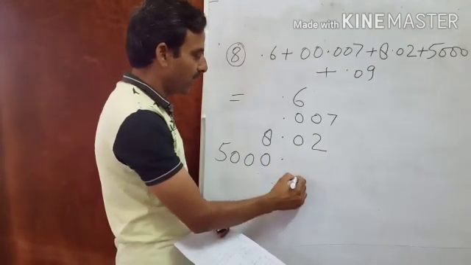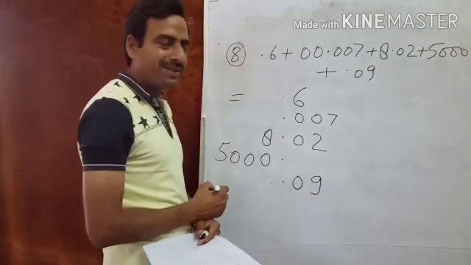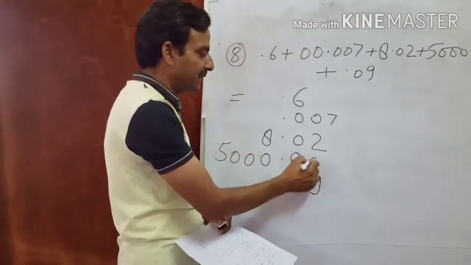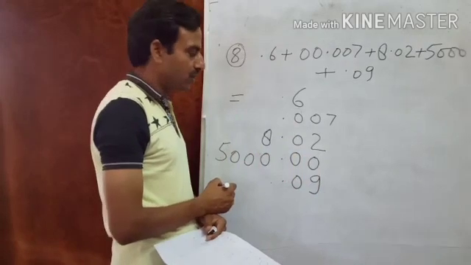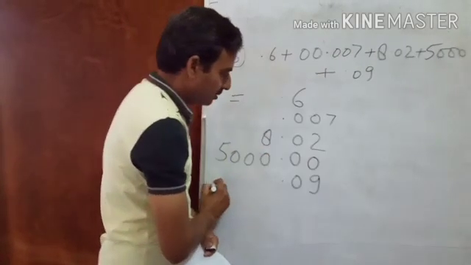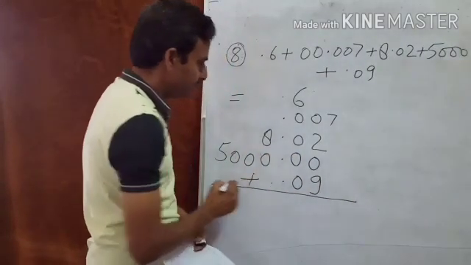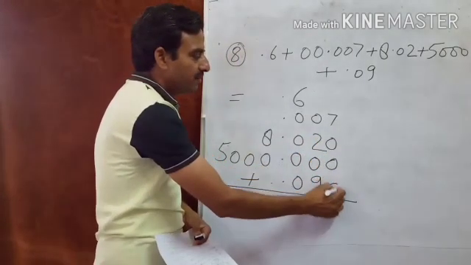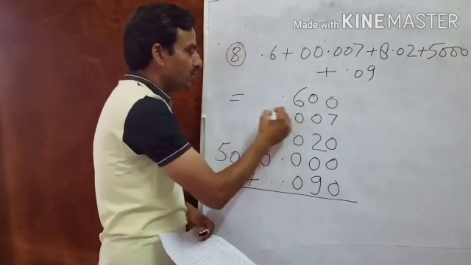Then 0.09. To solve easily, we will fill every place. Wherever there are empty places, we can fill with 0. Then add it. Every empty place we have to fill with 0.